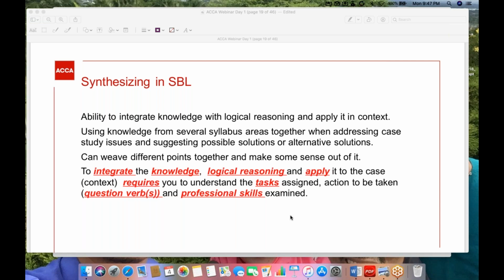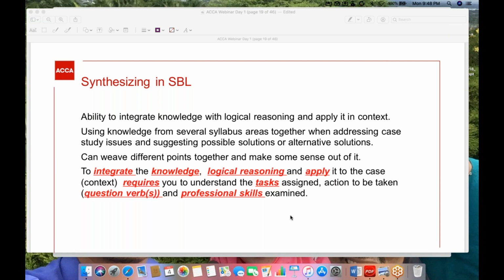But what is spelled out in your technical knowledge will be a general advantage and disadvantage. These general advantages and disadvantages may not be the right ones in the context of that particular case study, so you may not be able to use them.